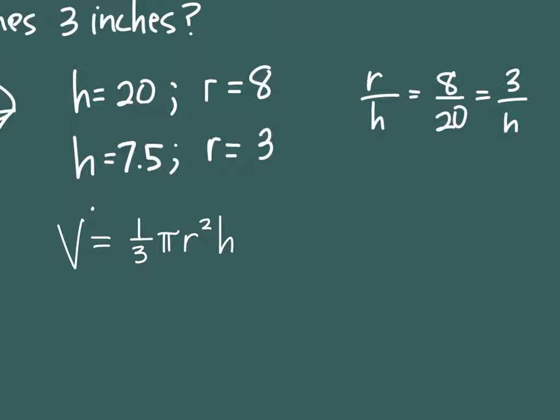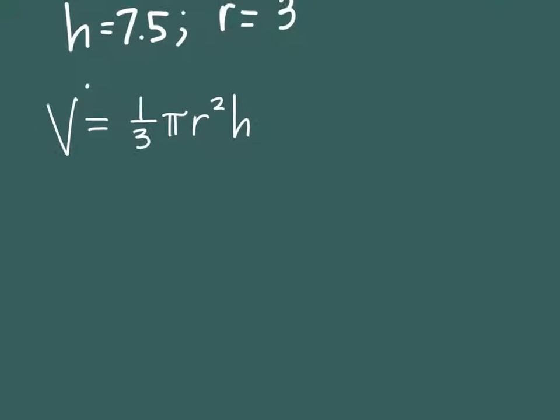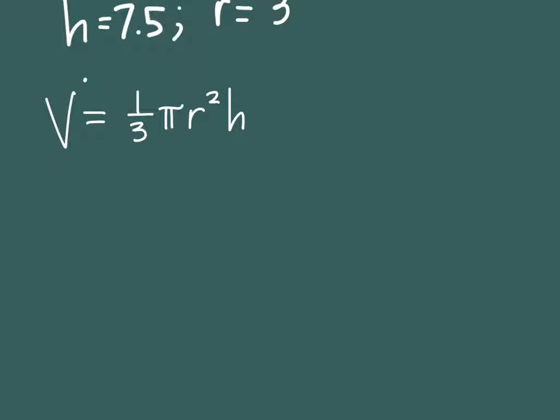So we want to put this in motion. We want to start the leaking process, so we want to take the derivative of this with relationship to time. So dV/dt is going to be 1/3 of pi times the product rule. I want to apply the product rule to r squared and h.